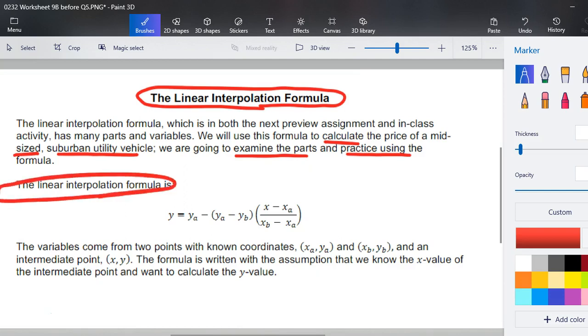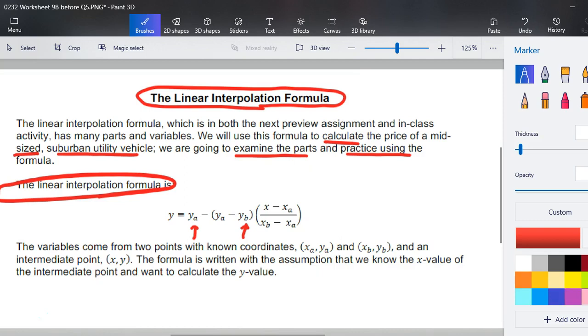It's just a bunch of y's, a bunch of x's, and a lot of subscripts with a's and b's, and we know order of operations. We'll be able to put together anything in our in-class or practice or preview.